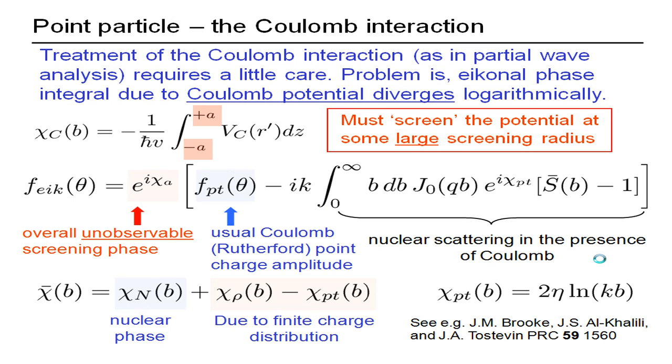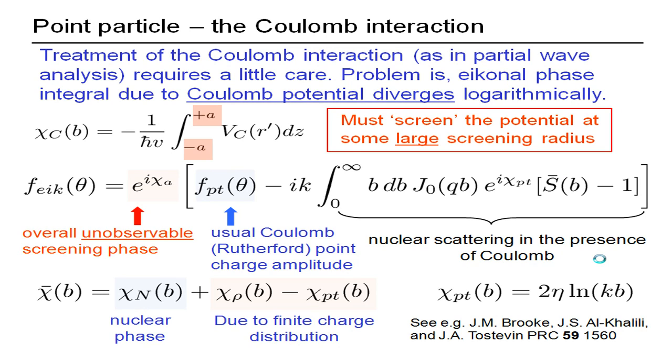The only place that screening appears is as an overall phase that depends on that screening radius. But when you take the modulus squared of this to work out a cross-section, any overall phase does not matter, and it does not enter the calculation whatsoever.